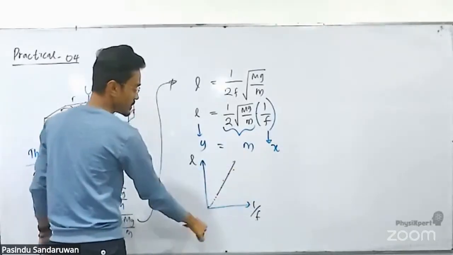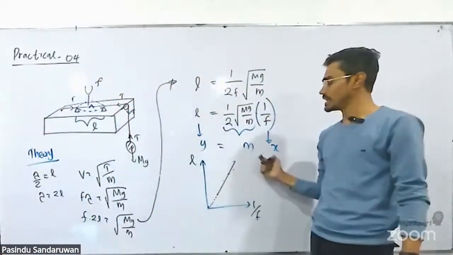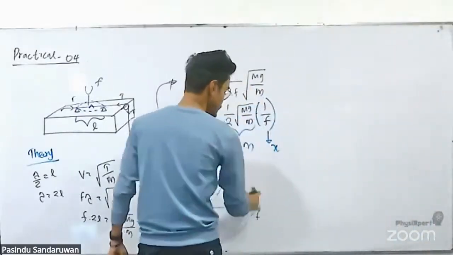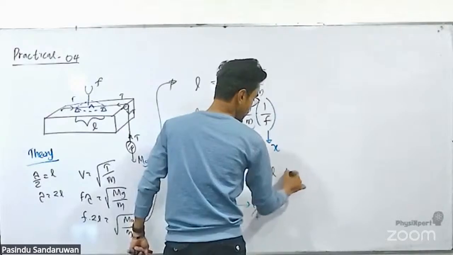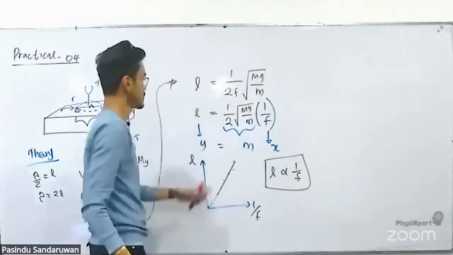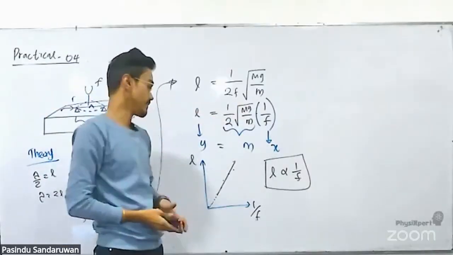Extend it and check whether it goes through the origin. If it goes through the origin, this is valid, which means this equation is correct. If the equation is correct, which means L and f are inversely proportional. Right? If it goes through the origin.